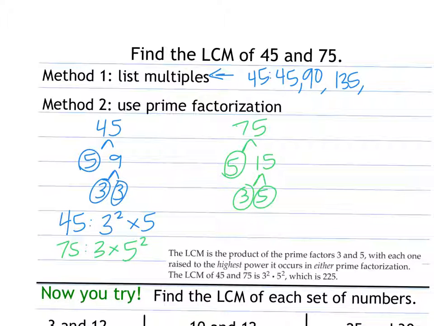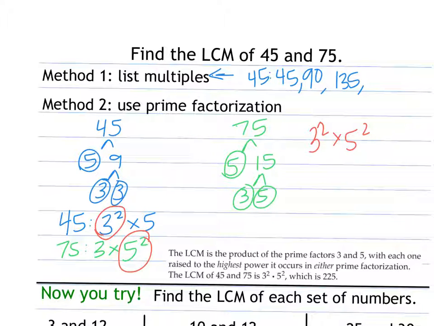Now, when we are picking numbers, we pick every number, so a 3 and a 5, but we pick them to the highest power. So between the 3's, 3 squared is higher, and between the 5's, 5 squared is higher. And that's what we now multiply. So 3 squared times 5 squared.